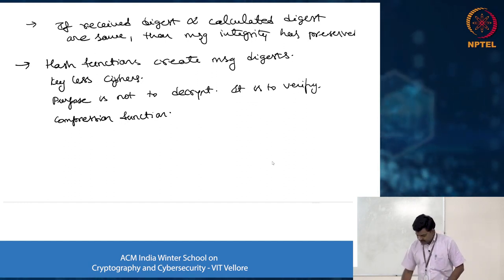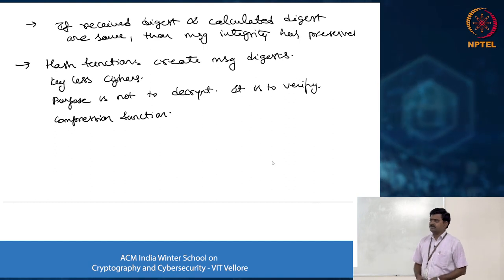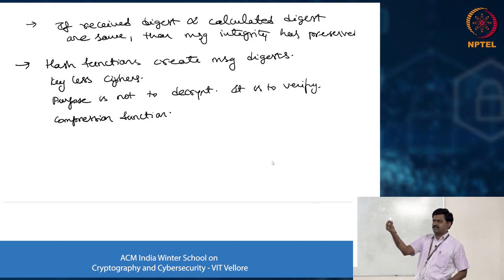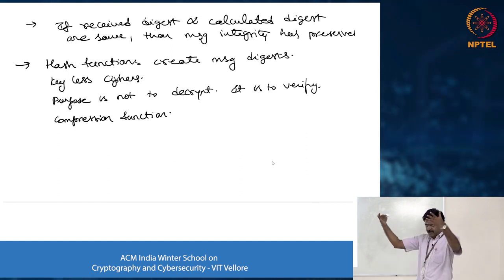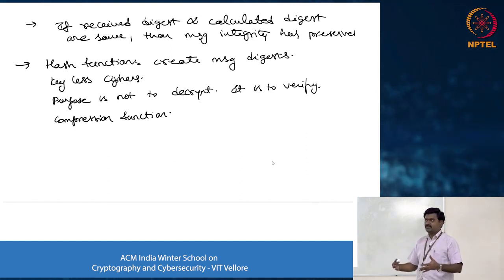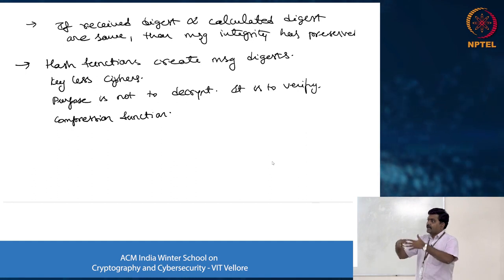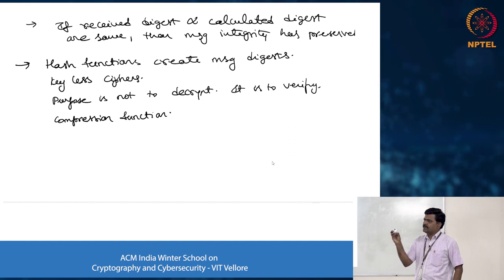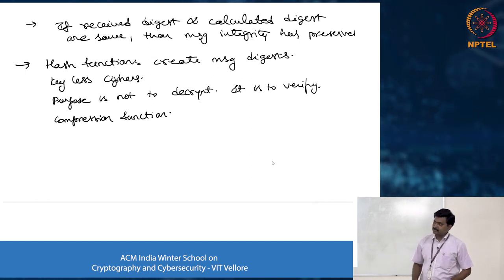My original message is my entire page, and when I have crunched it, this is a very small digest. So I have taken a lengthy message and converted it to a small digest. It is an act of compression, so that's why you call it a compression function also.